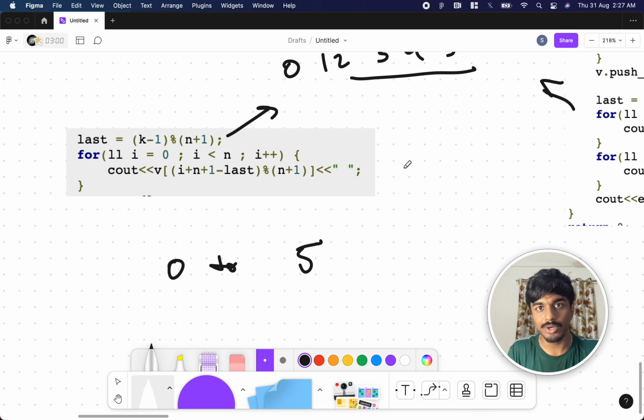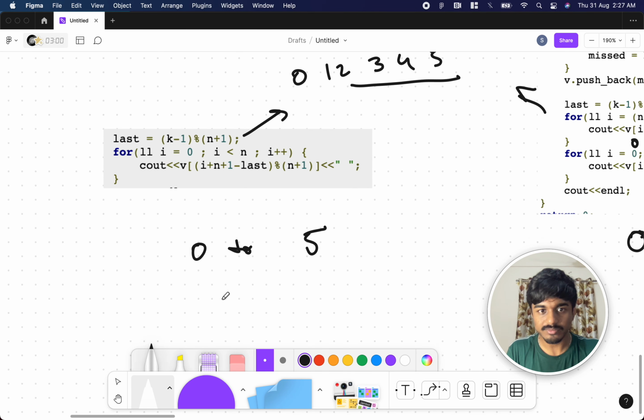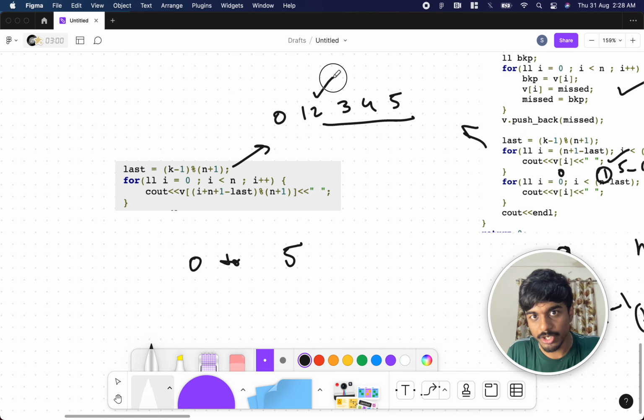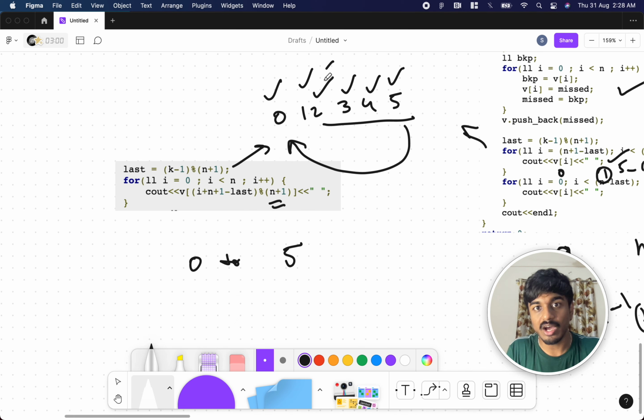According to our scenario, we'll add the 0 value with n plus 1 and then subtract it. So first you print 2, then 3, 4, 5. Since you are taking the modulus of n plus 1, it again goes back to the start and just keeps printing. How are we stopping it? We have I less than n. Whenever the count reaches n, we will stop. So 2, 3, 4, 5, 0.